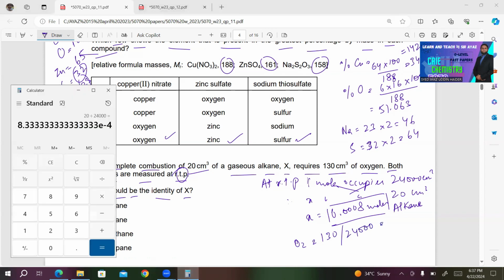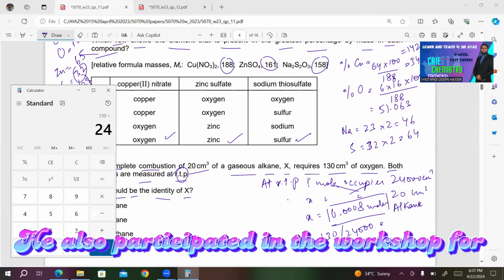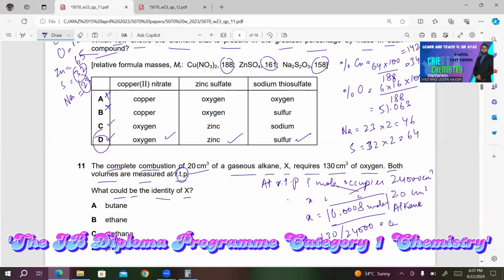So 130 divided by 24,000, and we are getting 0.00541.